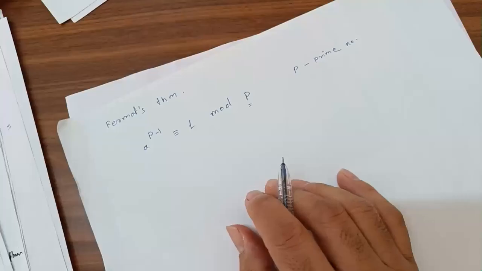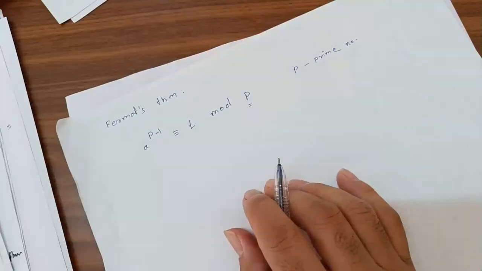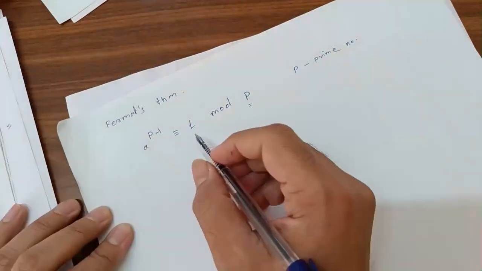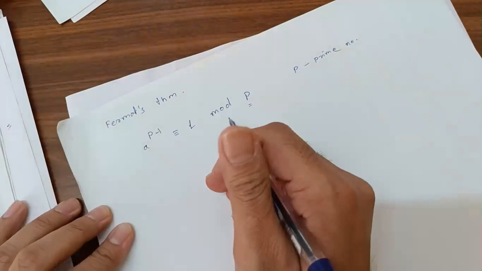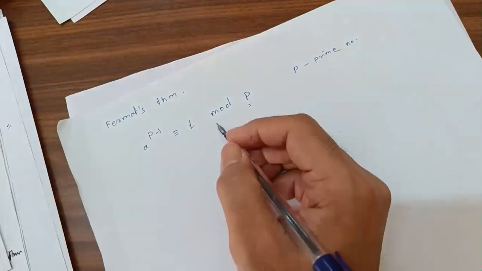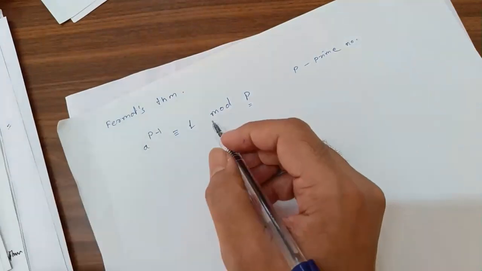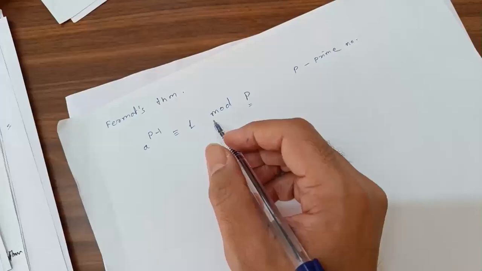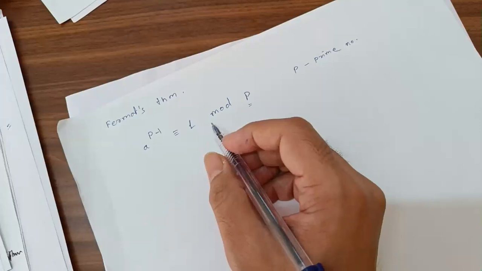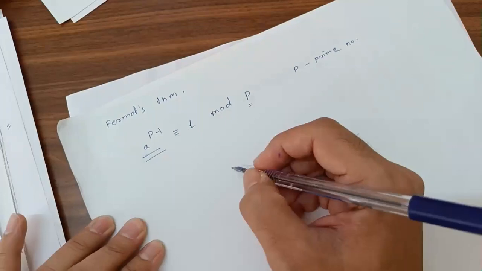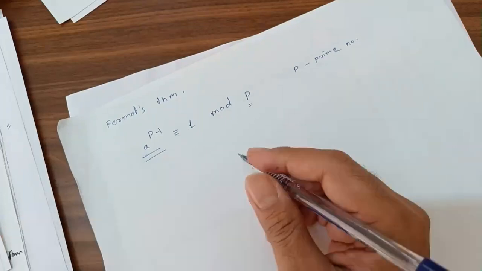So this is what the theorem says. There is a proof of this theorem, which is quite lengthy, but we can apply Fermat's theorem at many places where you want to find out the value of large numbers, a raised to something else.